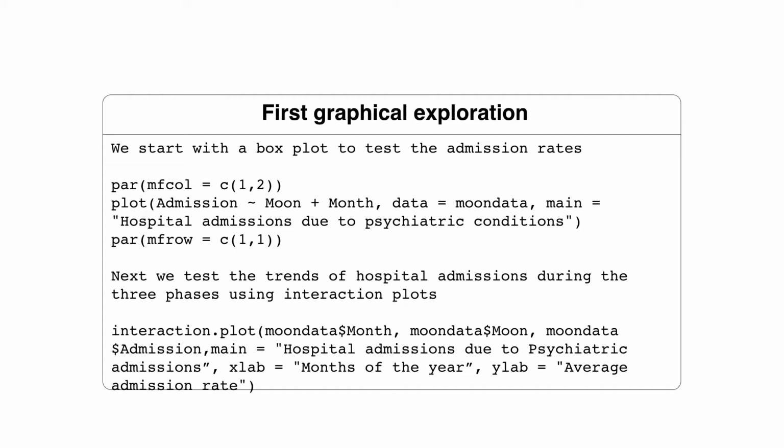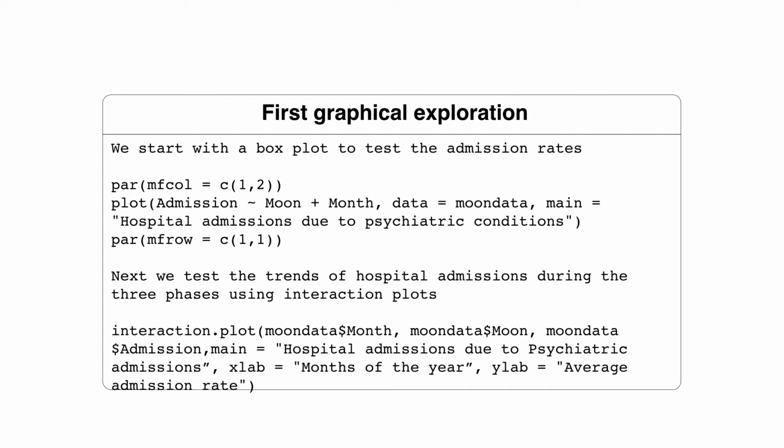So now we are in a position to say whether, after adjusting for the monthly admission rate, what would be the ranks for the three situations. That is, pre full moon night, on full moon night, and post full moon night.